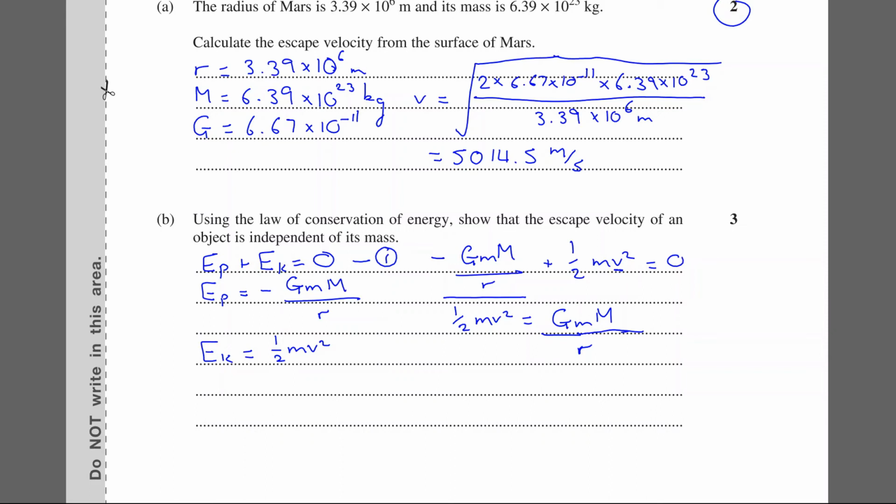Okay. Now, I still just need to get this v on its own. The first thing I'm going to do is get rid of this half, and I'm going to do that by multiplying both sides by 2.